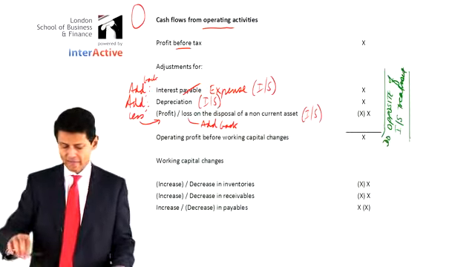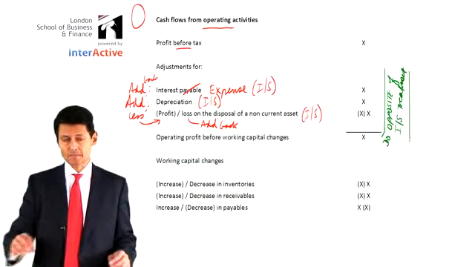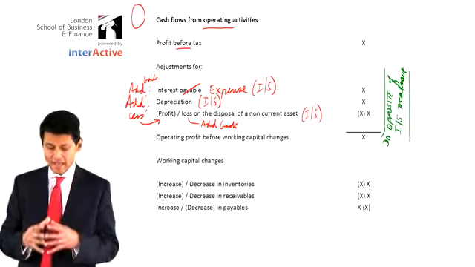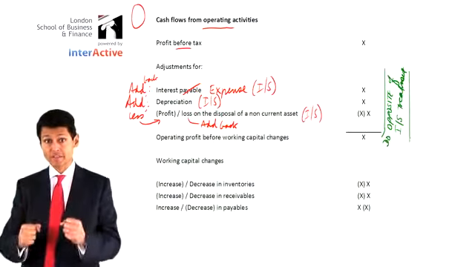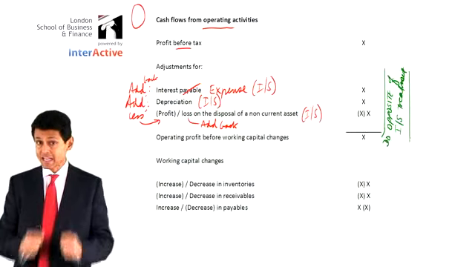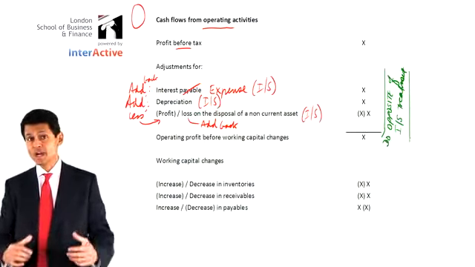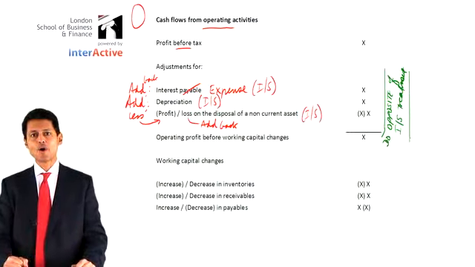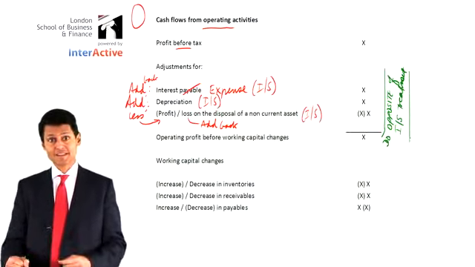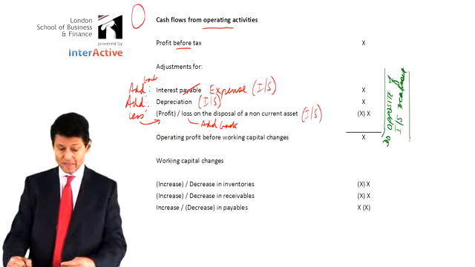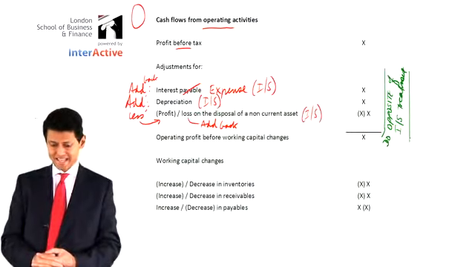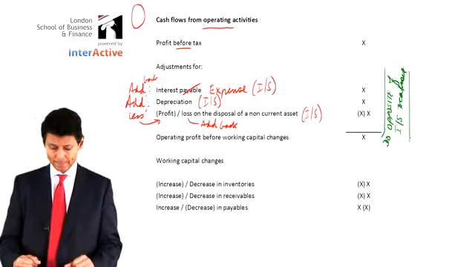For example, if you have an interest expense in the income statement, it obviously was a charge. So the profit that we have here, the profit before tax, has suffered because of the charge. Okay? Now if I add it back, it isn't charged anymore. And later, I can show the actual interest paid. Do you see that? So whatever was done in the income statement, the interest expense, must be added back.